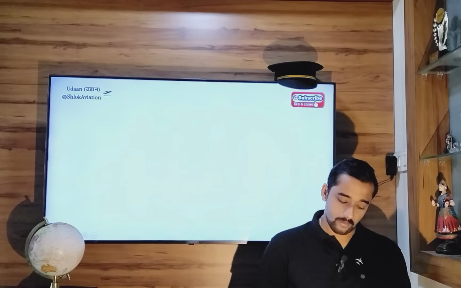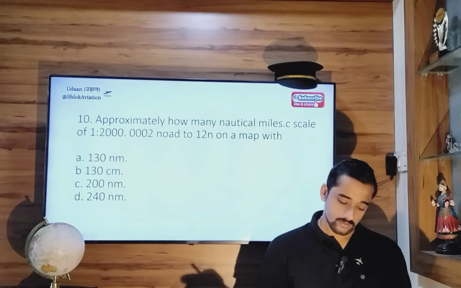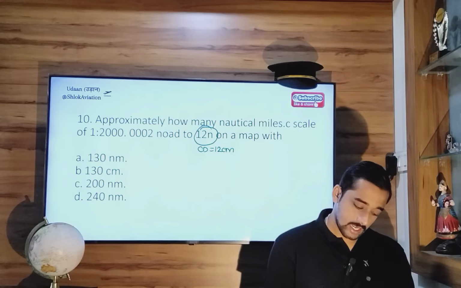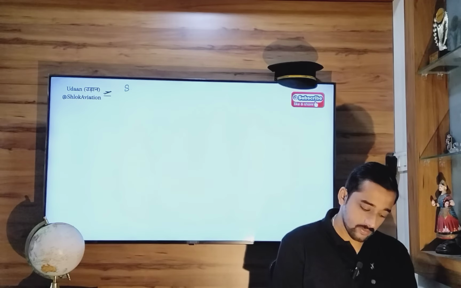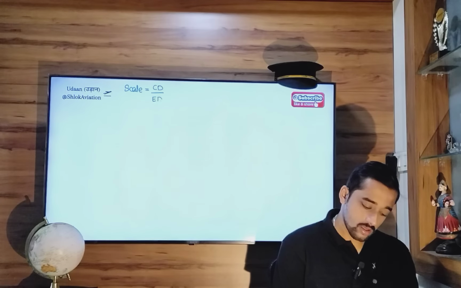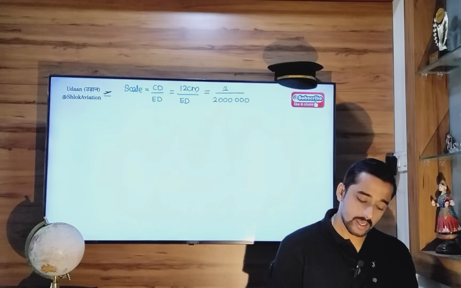Next, question number 10. How many nautical miles, and scale is 1 divided by 20 lakhs. So chart distance is 12 centimeter and scale is 1 divided by 20 lakhs.